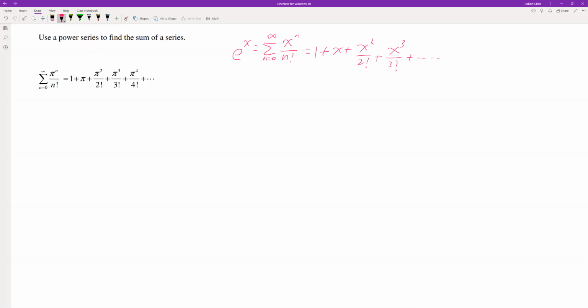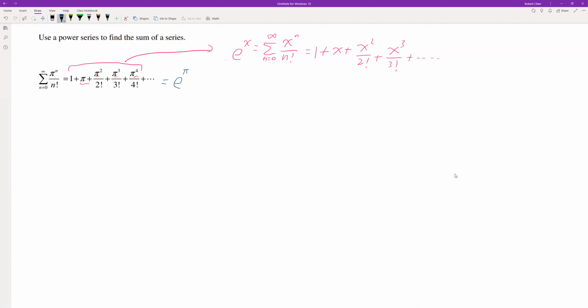So notice that this has the same form as the power series of e to the x, but instead of x, we have pi in its place. So one could say that this is just e to the x with x replaced with pi.